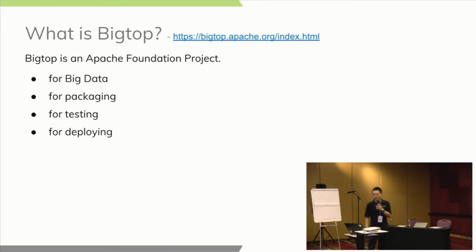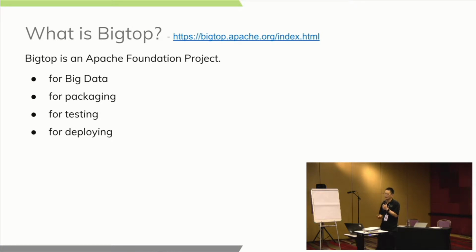Okay, so what is Bigtop? Yesterday, Evans and the team had a much better introduction, so here I just give you a brief idea. Bigtop is a packaging tool. It provides builds and packaging for a lot of big data components, Hadoop, Spark, like that.